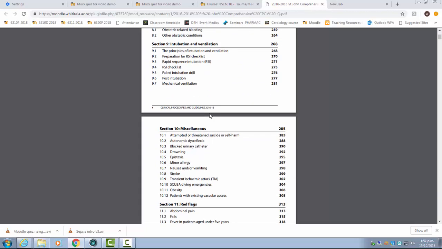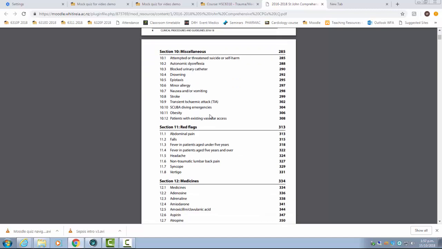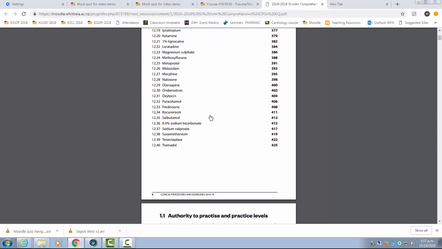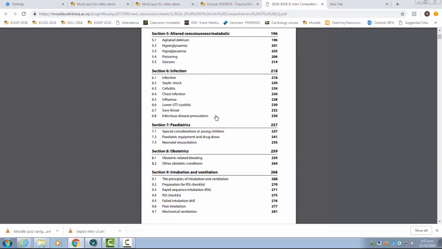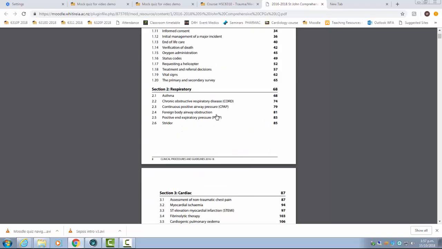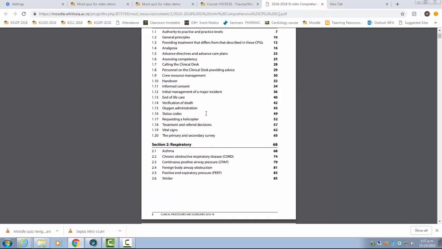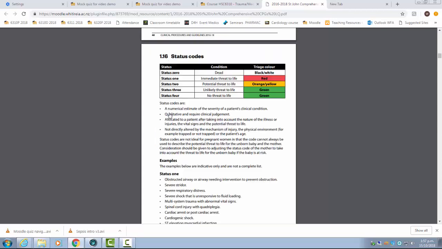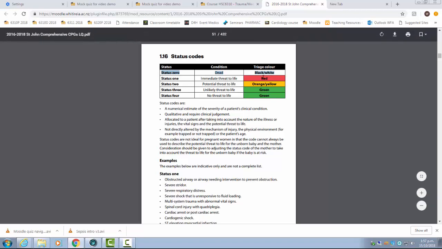Let me see. Right, the status code. So I know that the information I'm looking for is under status codes. So I'm going to click to the status codes, and it shows me that status 0 is dead, and that is a black or white triage tag.